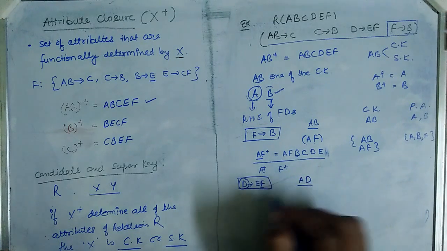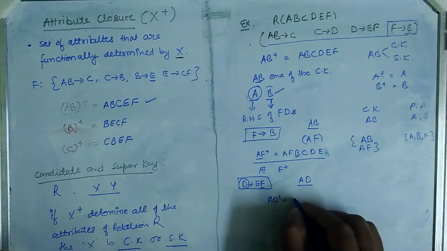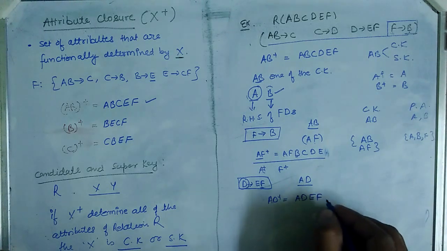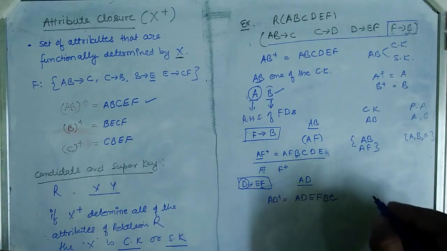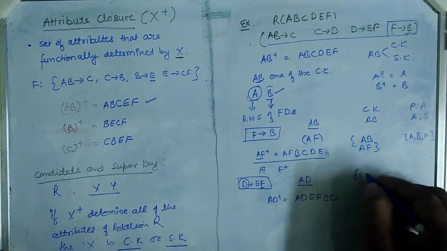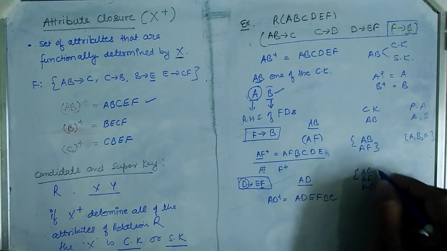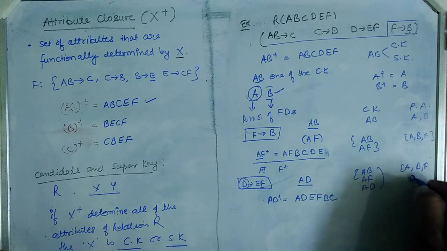Now AD would be a new candidate key. You find the AD closure and you will find that AD closure also derives all the attributes in your relation. So add AB, AF and AD, and also add to the prime attributes A, B, F and D.